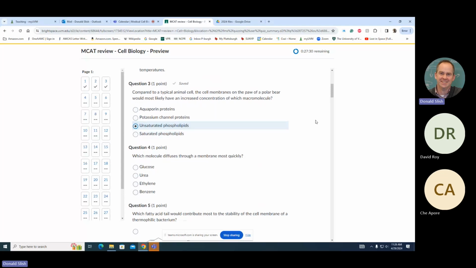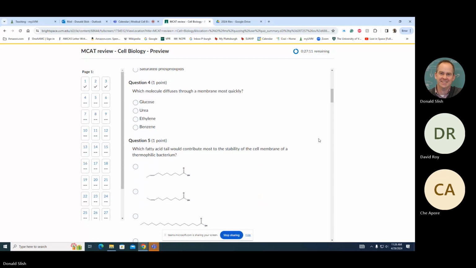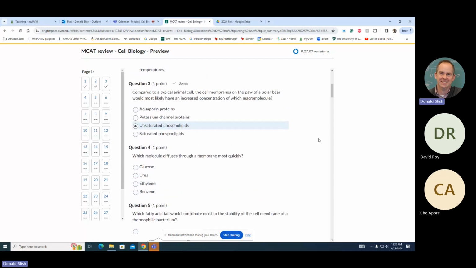Unsaturated, because then the membranes will be a little more fluid. Yeah, they're not going to be taking in water through their feet. Potassium channels, that's just kind of crazy. So it would be one of these two, and you want to go with the one that's going to be more fluid at cold temperature. And why is it that when you have double bonds in the lipids that it's more fluid at cold temperatures?